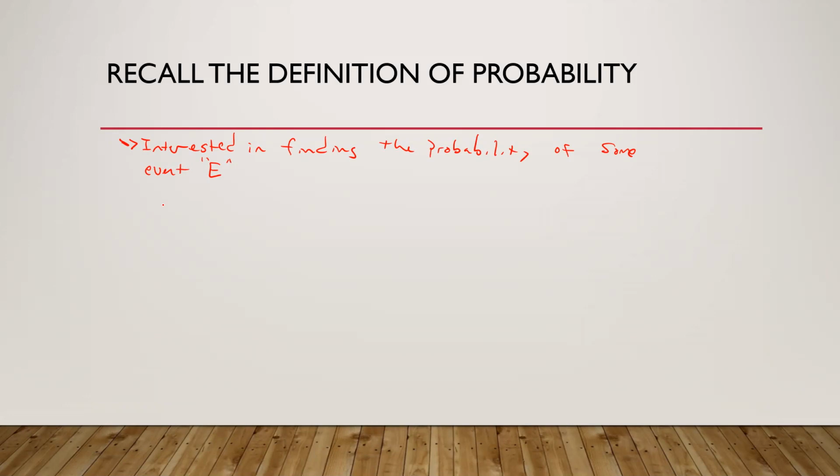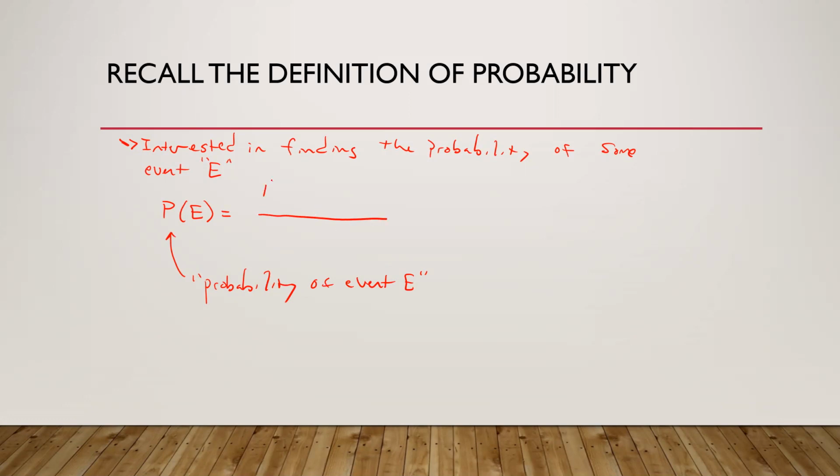We write it as the probability of event E, which is what you saw in the post lecture last week. We always read this as probability of event E. It's just a real simple division problem, the most basic definition of this.